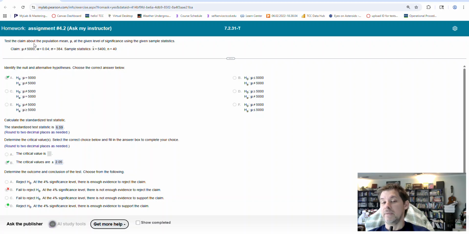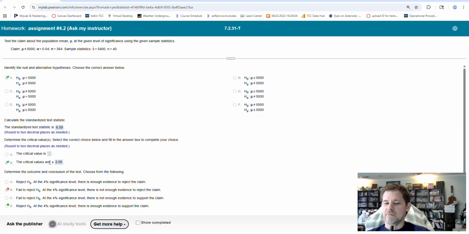So that makes it the alternate hypothesis. And then the null hypothesis is whatever is true if the alternate is not true. So that would make it that the population mean is 5,000. So from that claim, we can make a statement about what the null hypothesis is and what the alternate is. So let's go from here and do some of the math, okay?